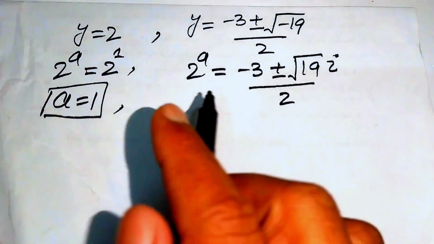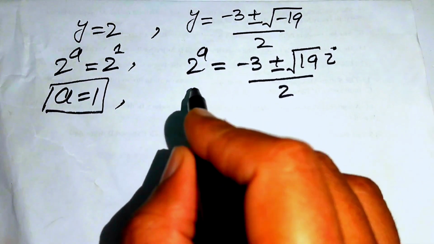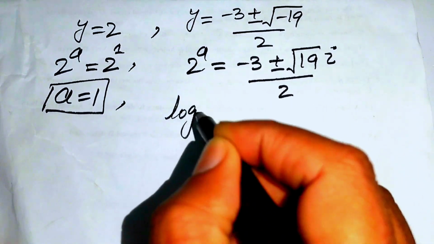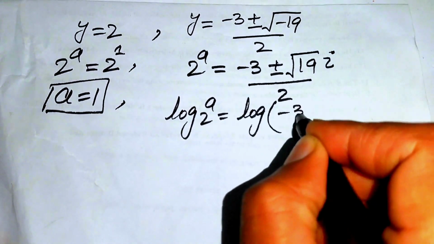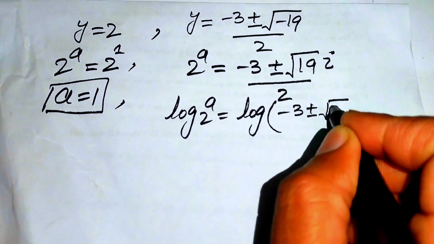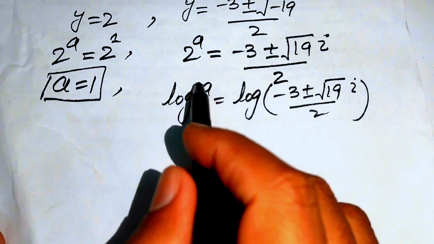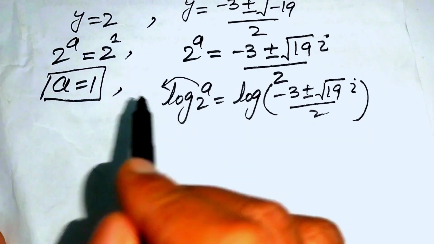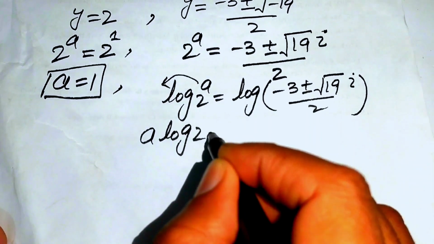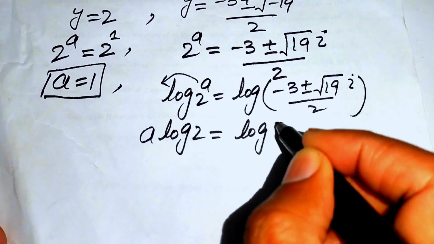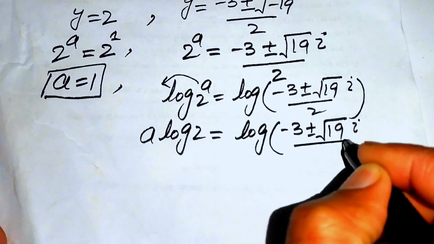So here our target is to find the value of a, so we need to take the log on both of the sides, so it becomes log of 2 to the power of a equals log of minus 3 plus minus square root of 19 iota divided by 2. So here we move this a, or exponent, in the front of this log, and it becomes a times log 2 equals log of minus 3 plus minus square root of 19 iota divided by 2.